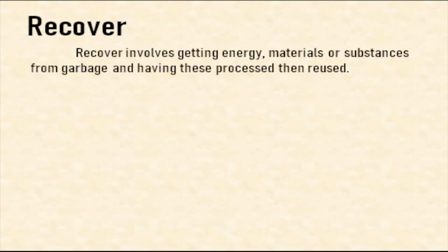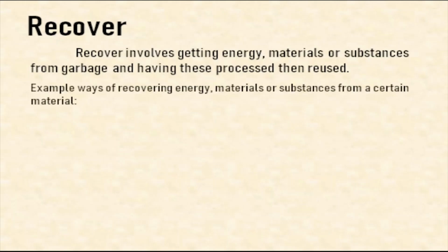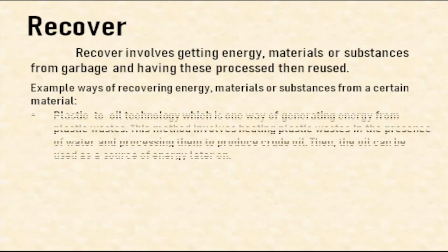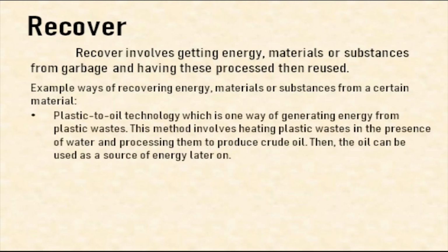Recover involves getting energy, materials, or substances from garbage and having these processed then reused. Examples of ways of recovering energy, materials, or substances from a certain material are the following. Plastic to oil technology, which is one way of generating energy from plastic waste.